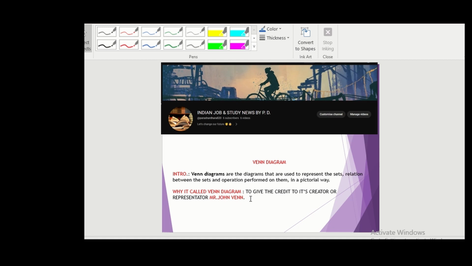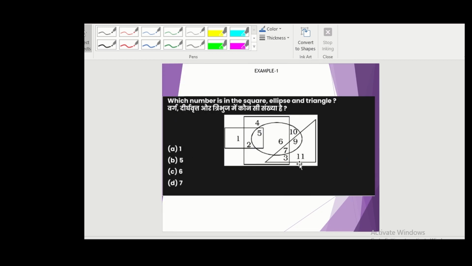So who introduced this first? Mr. John Venn, and to give him the credit, we call it the Venn diagram. A Venn diagram looks like this. Actually, this is a type of Venn diagram, not the Venn diagram itself.